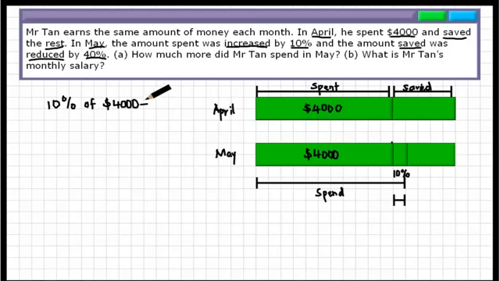And this would give us 10/100 times 4,000, which is $400.